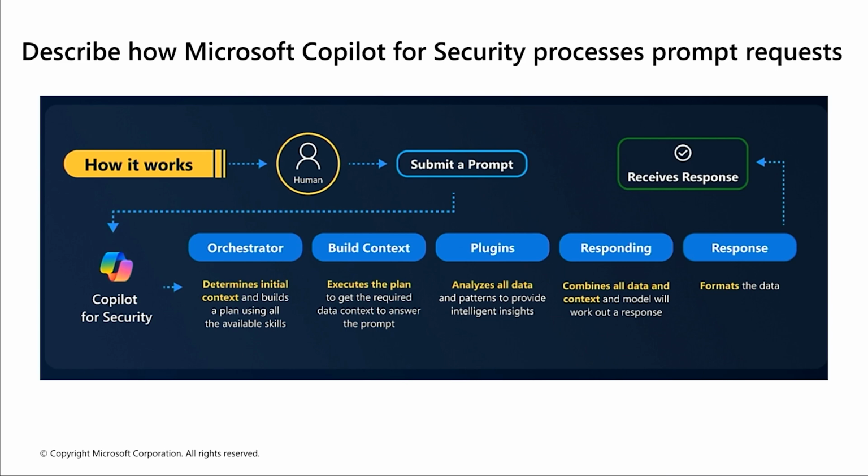Once a plan is defined, Copilot executes it to gather the required data context to answer the prompt. It analyzes all data and patterns, including plugins and sources, to provide intelligent insights. Finally, Copilot combines all the data and context and uses its advanced language model to compose a response. It formats it and reviews it, and then sends it back to the user.